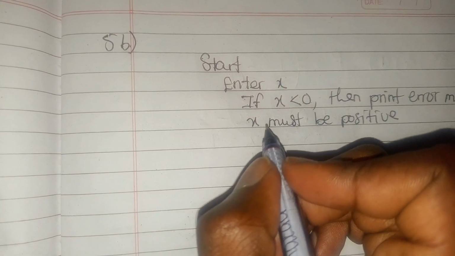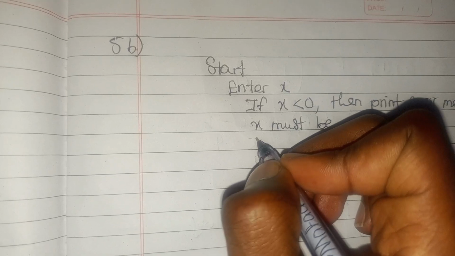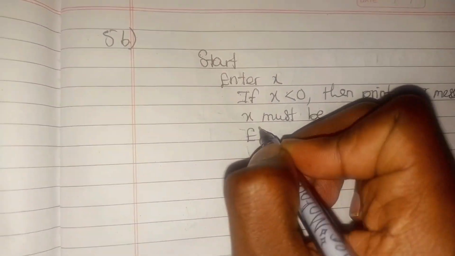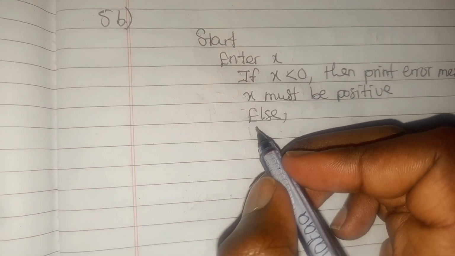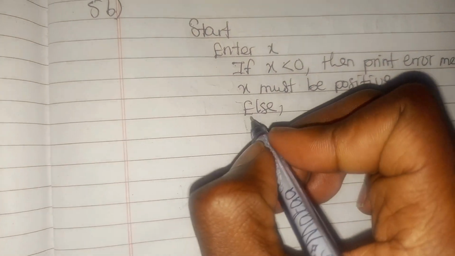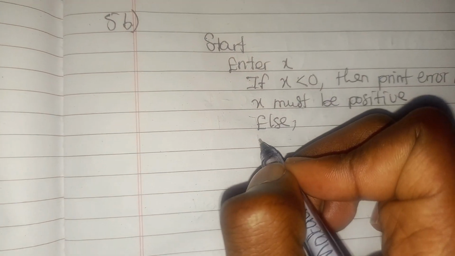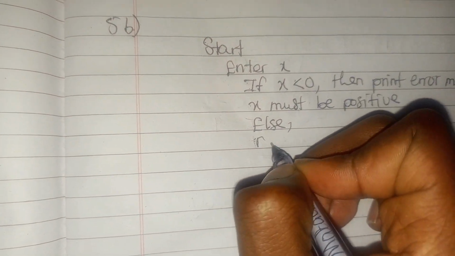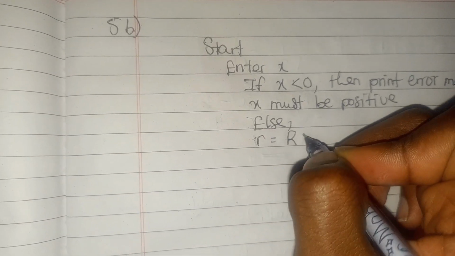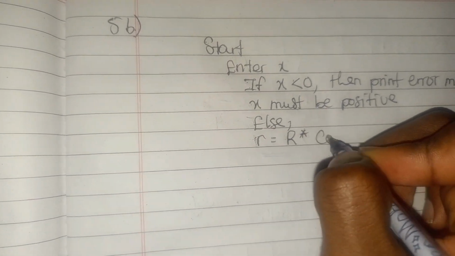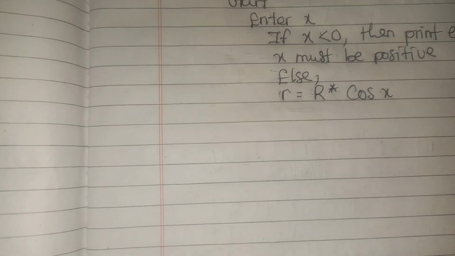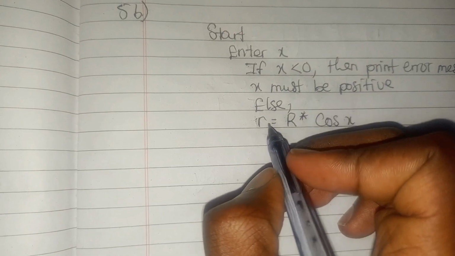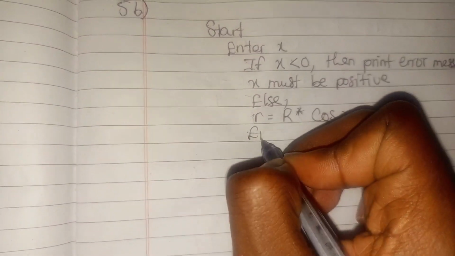And then else, which means otherwise, you can enter the formula: r equal to r star cos x, and then end if.